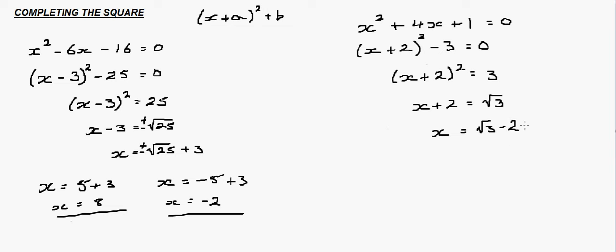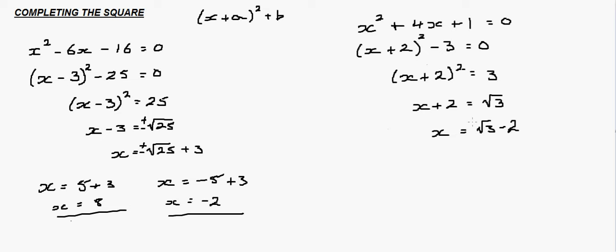Now, on a non-calculator paper, you wouldn't be expected to know that the root of 3 is 1.732. So they would just say leave this in surd form, so you would leave it in this form. But if you had a calculator, and it's a calculator paper, then you would be expected to give an answer, and they would tell you to what value.